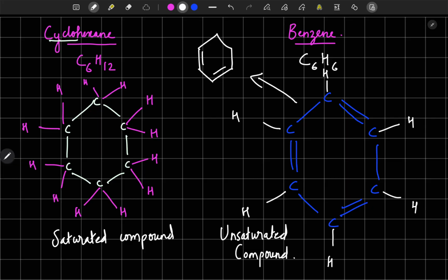We will not draw the hydrogen atoms, but we will assume that there are hydrogen atoms. So this is also the simplest structure of benzene. The simplest structure of cyclohexane is also there. It is drawn like this. This structure means that it is the structure of cyclohexane. So just try to understand these two structures.